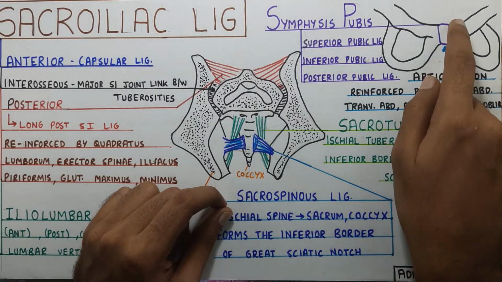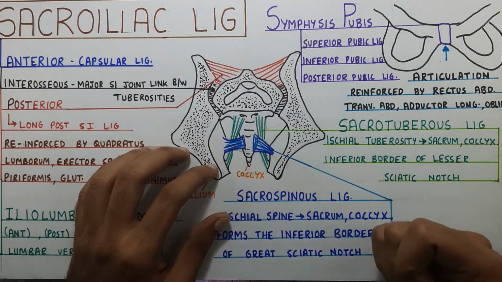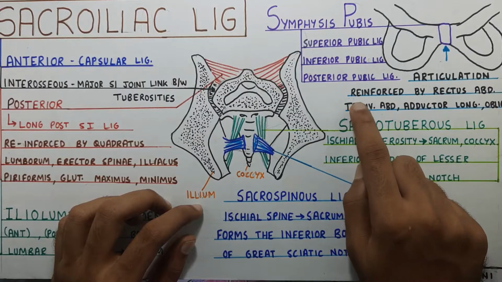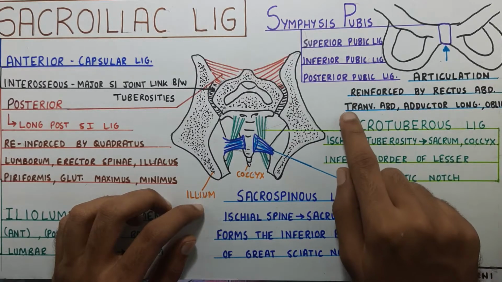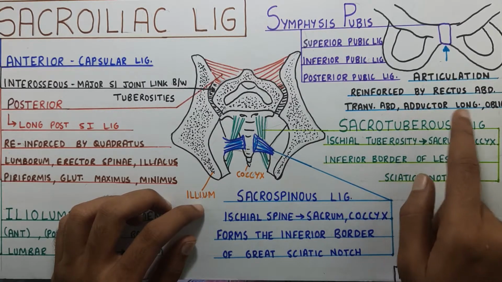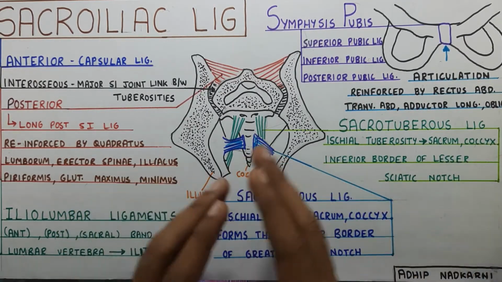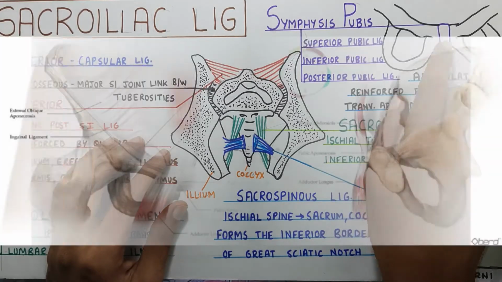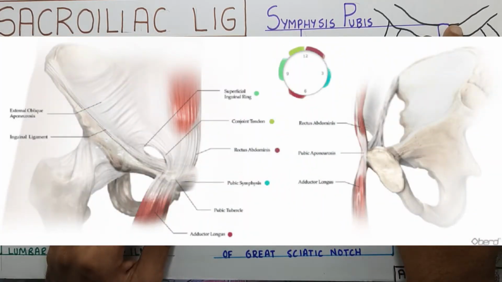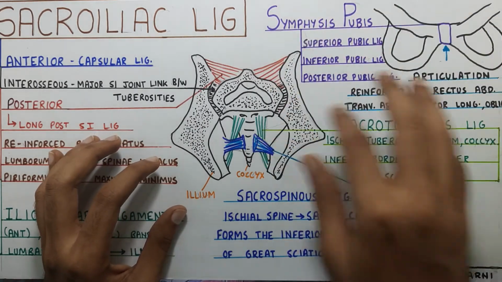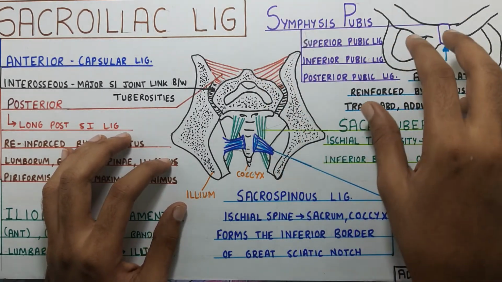The posterior ligament is very fibrous, whereas the anterior of the articulation is reinforced by rectus abdominis, transverse abdominis, adductor longus and the obliques. All these muscles have an aponeurotic expansion which reinforces this joint. So that is the anatomy and the structures involved in the symphysis pubis region.